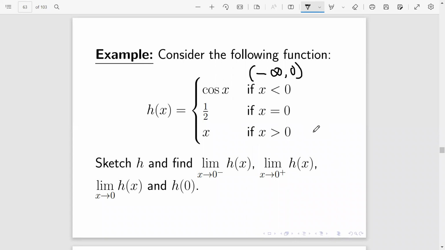And on the domain from 0 to infinity, the function is defined by the straight line y equals x. From this example, we are asked to sketch this function, then look at the limit as x approaches 0 from the left and the limit as x approaches 0 from the right of h of x, then from there conclude what the limit of h of x as x approaches 0 is. And again, look at what h of 0 is.